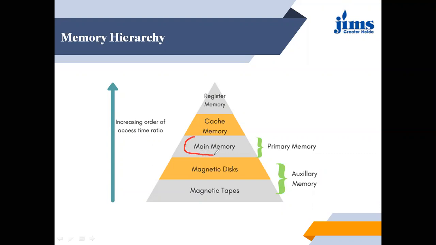We are going to discuss the main memory first, then the types of main memory, then the magnetic tapes and magnetic disk.